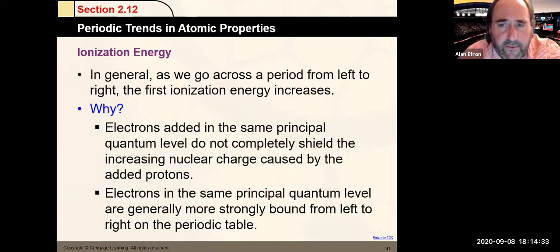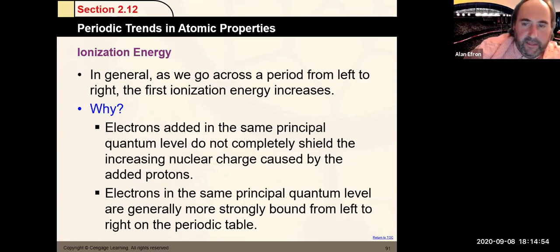So in general, as we go across the period left to right, the first ionization energy increases. Electrons are added to the same principal quantum level and do not completely shield the increasing nuclear charge caused by protons.